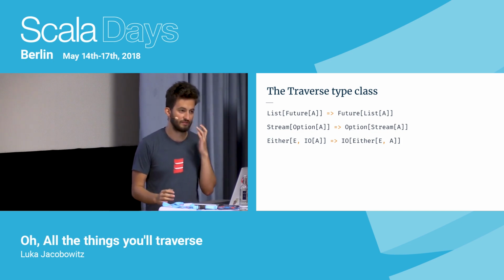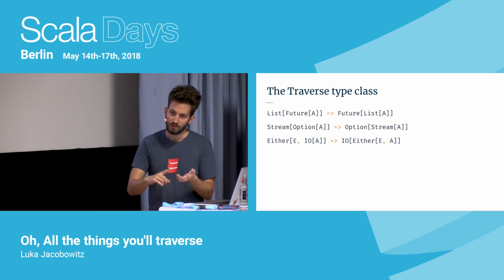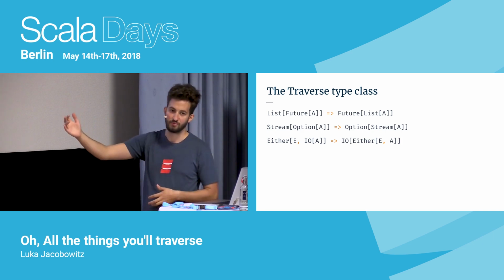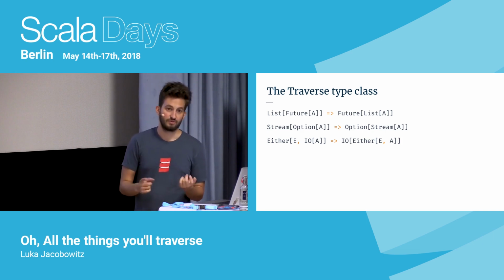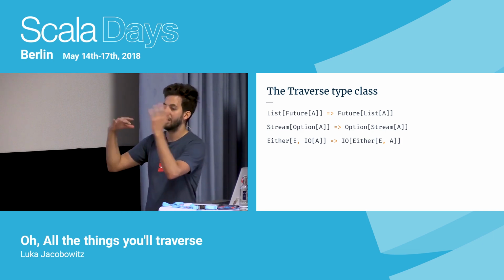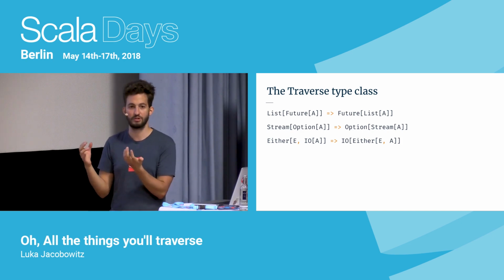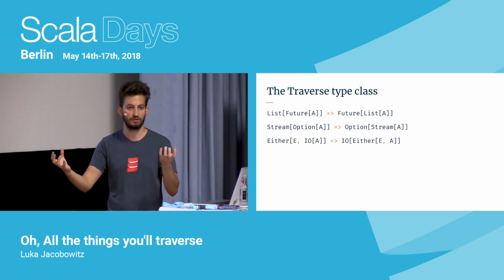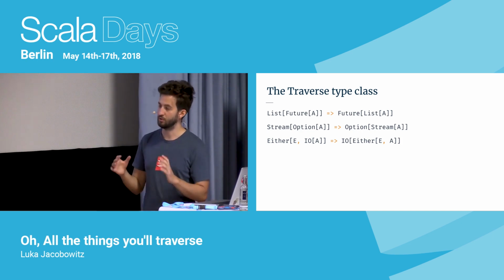So every time you have a traversable type, which can be Stream, List, Vector, Option, Either, or the applicative type, which can be Option, Future, IO, but also Vector and List and whatever, we have dozens of different combinations we can do. The only thing we need to do is define a traversable instance and an applicative instance, and we can immediately get all of these implementations for free. And that is a really, really cool thing.